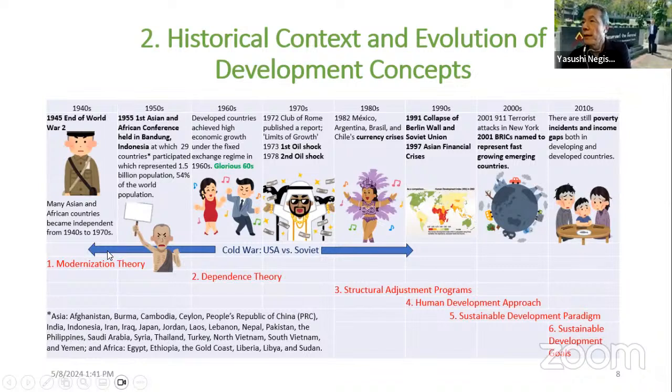And then we have another war that started in 1947, which is the Cold War. These blue arrows indicate the period that the Cold War stayed in the international community. This is a geopolitical tension between the United States and the Soviet Union.